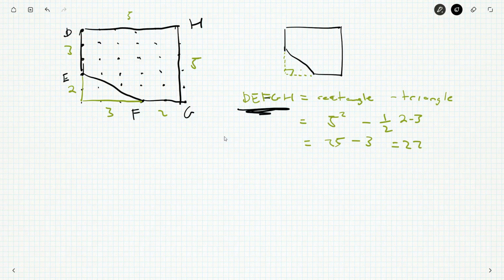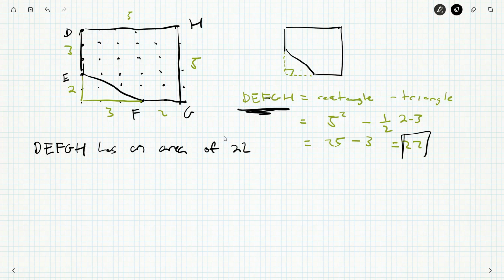Maybe add a sentence or two, like a summary sentence, like DEFGH has an area of 22, or put a box around this, that sort of thing. But the key part of this question is recognizing DEFGH as a square or rectangle with a little chunk bitten out of it.